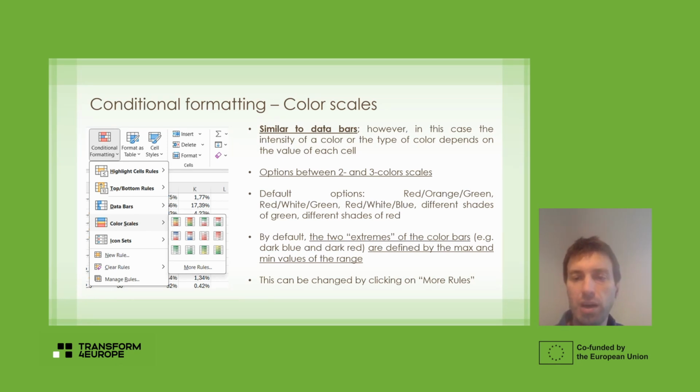Okay, so by default, the two extreme colors of this scale, so red and blue or white and green, are defined by the maximum and minimal value that you can find in a range.